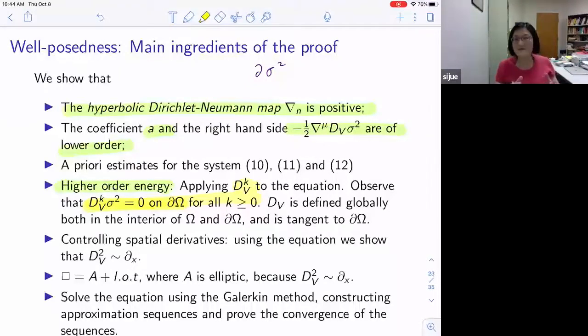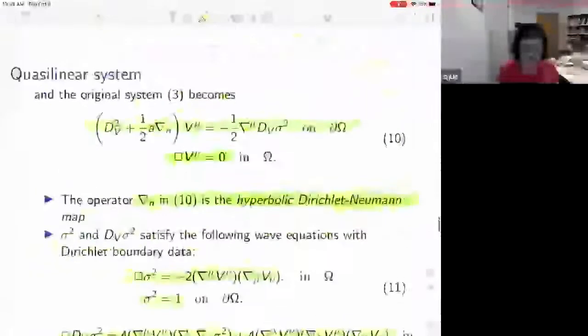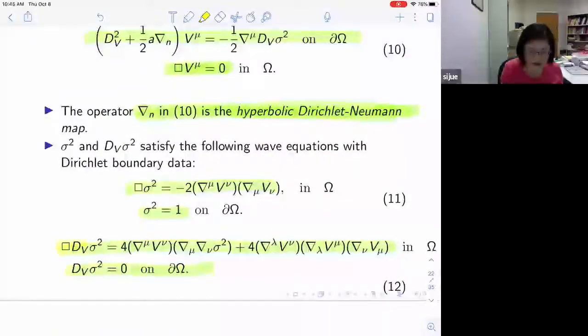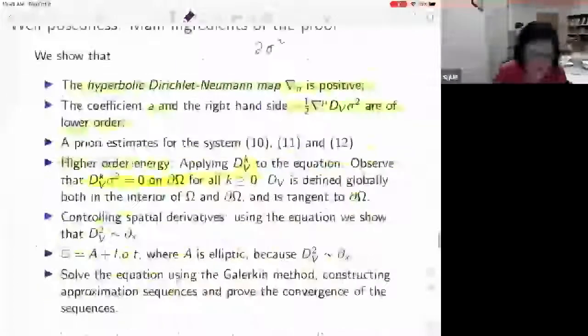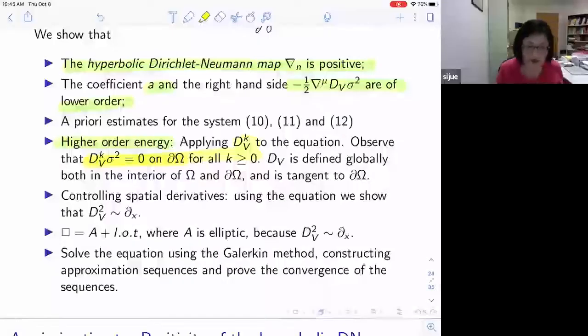And of course, getting the governing equation inside the domain is not so difficult. You involve some commutators, right? Getting the higher equation is okay because you just keep applying dV and you do a commutator, you can find the equation, right? But the boundary value is not easy to determine, but this quantity does have 0 boundary value, okay?